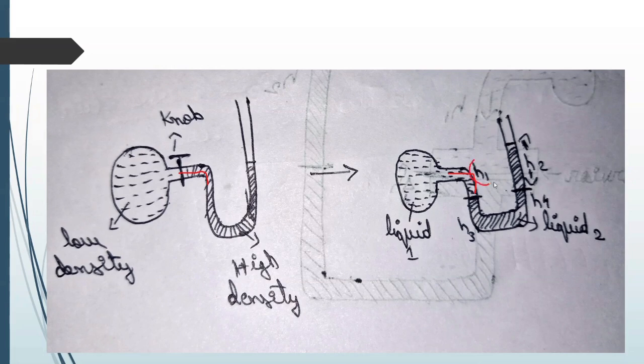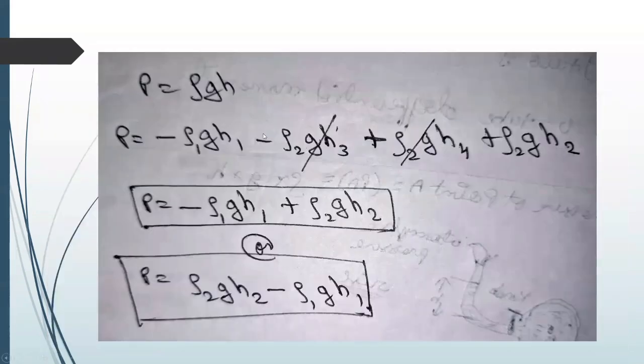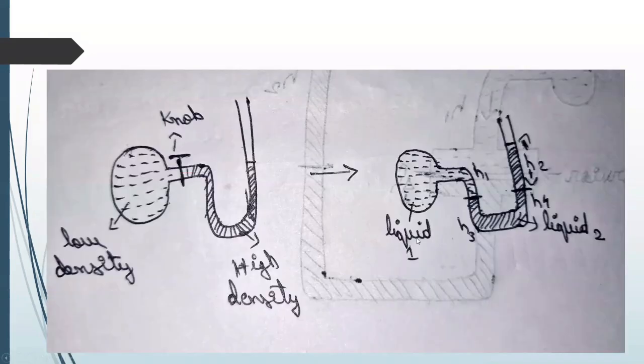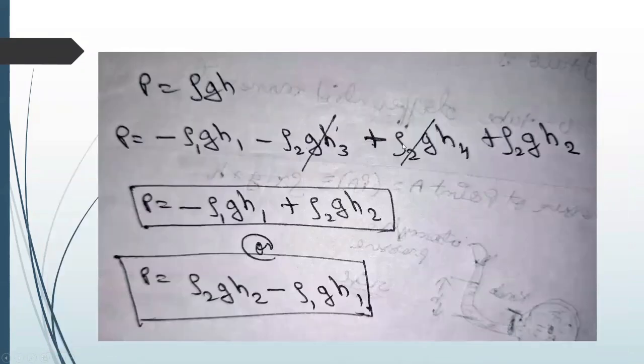H1 is nothing but the height of the first liquid, that is the lower density liquid, and rho 1 is the lower density liquid. Okay, so minus rho 1 into g into h1 minus rho 2 into g into h3. H3 is nothing but this point, and next is the plus rho 2 g into h4.